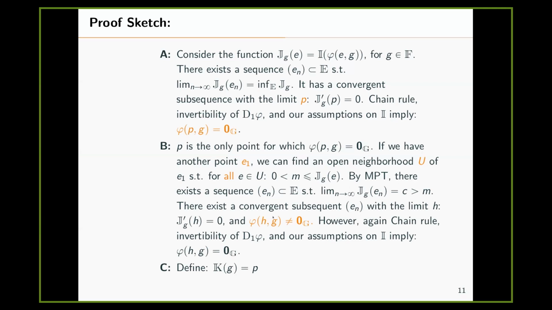However, this leads to a contradiction, because as before, using the chain rule, the invertibility of the first partial derivative, and the properties of I, we can prove that the value of f at these two points is 0. And to define the mapping, we just assign to any g the P that was just constructed.